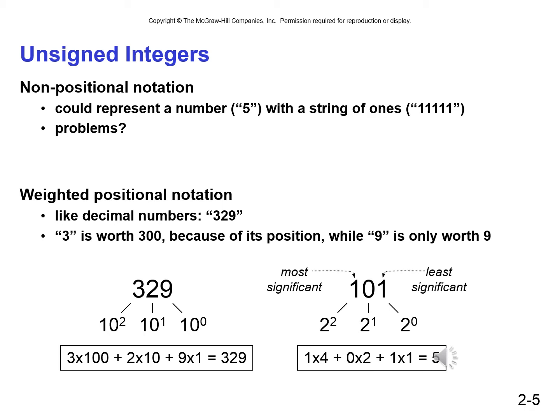There are 10 digits, 0 through 9, 0 through n-1, 10 minus 1. So on your 10th birthday, when you've been alive for 3,650 days, you need a second digit to represent that number.